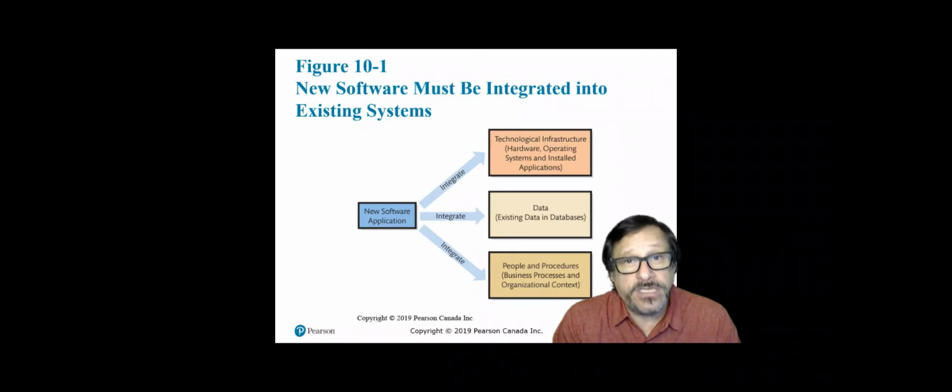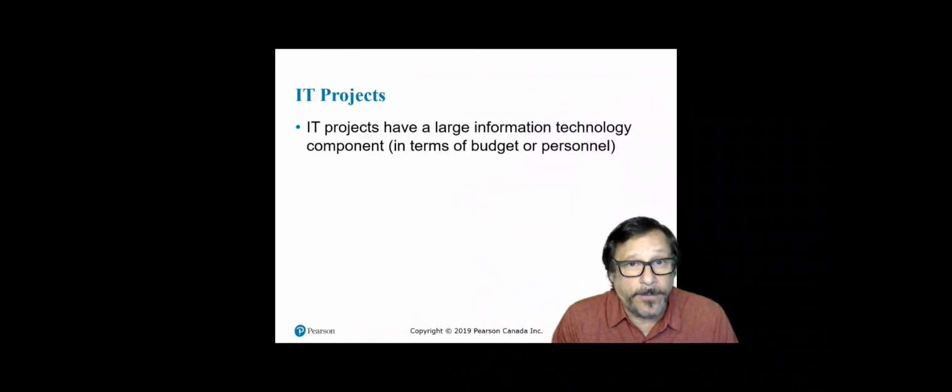Whole different procedures, whole different ways of doing business are going to have to be implemented in order to use this new software. Again, what is the time and what is the cost on that? These are all the things you've got to consider. So when we're talking about purchasing an information system, this is what we meant when we said it's much more involved than just purchasing software.